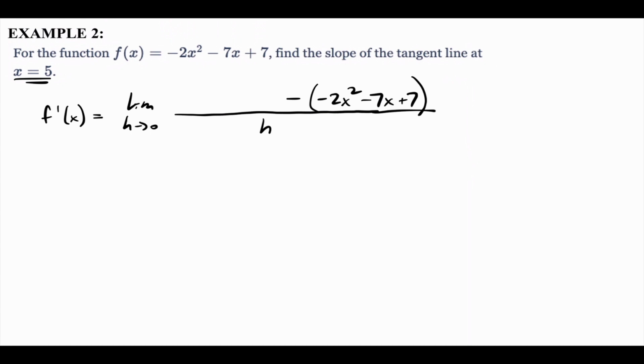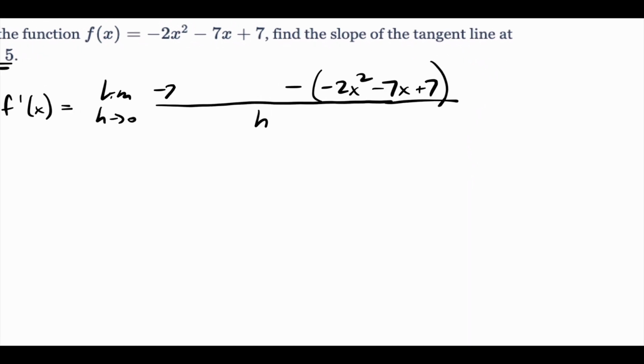I see it there. I see it here, here, and here. Everywhere I see an x, I'm going to plug in an x plus h. How is that going to look? It's going to look like this. Negative 2 x plus h squared.